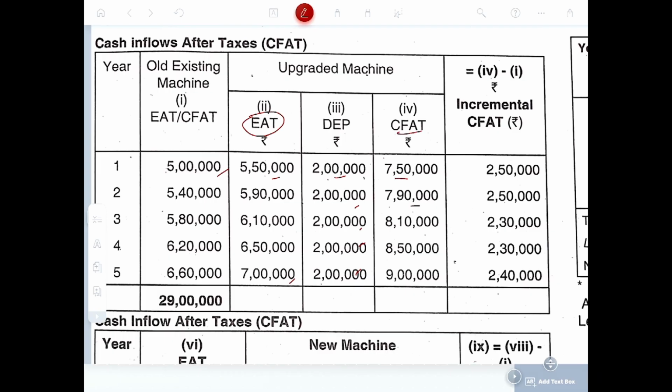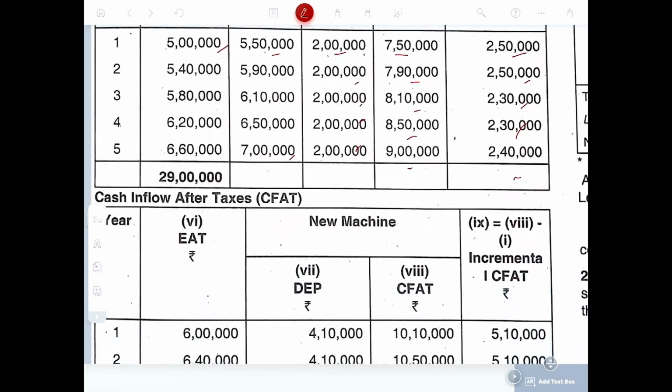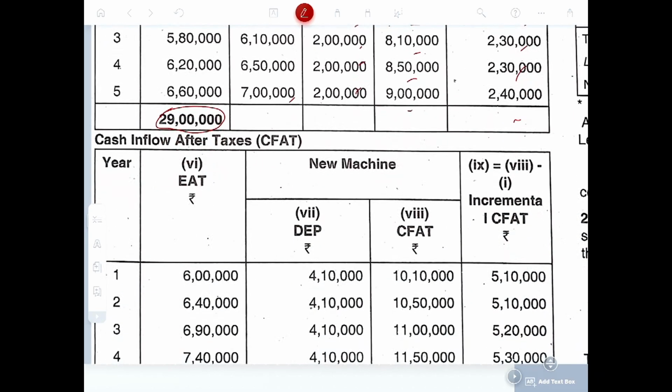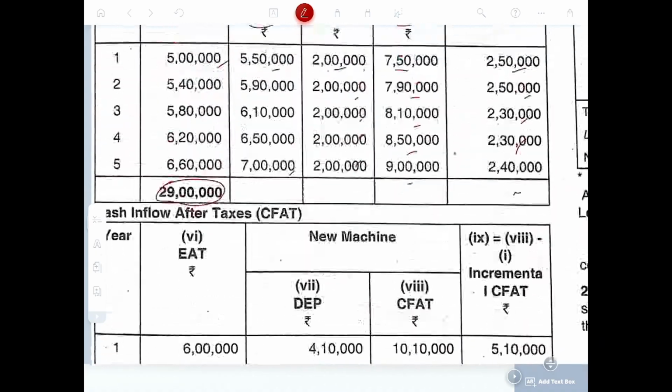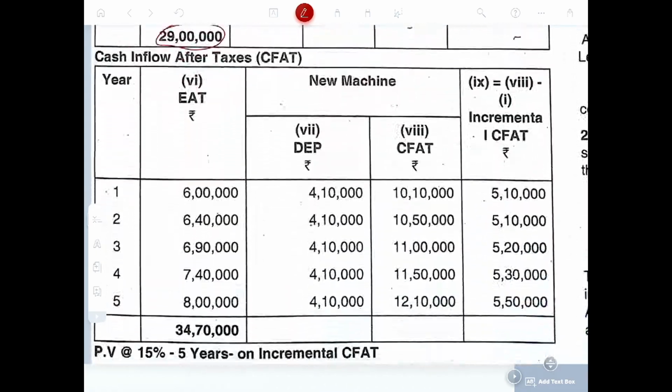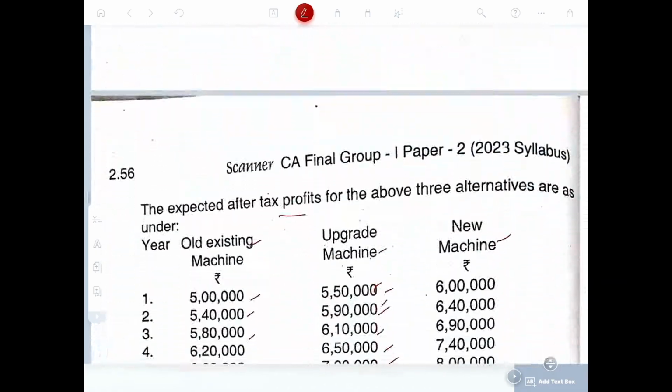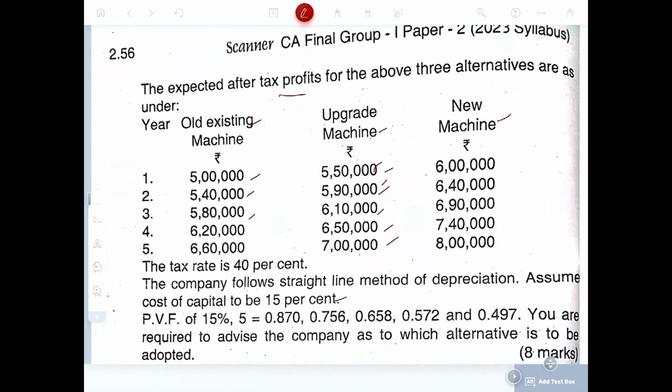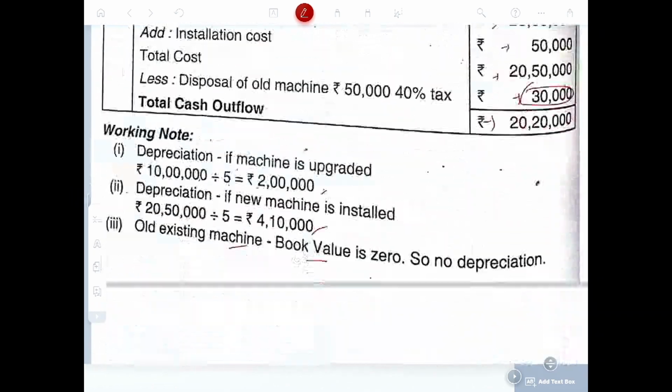Incremental 2 lakh 50,000, 2 lakh 50,000, 2 lakh 50,000. Cash flow after tax 640, 90, 70, 90, 80.